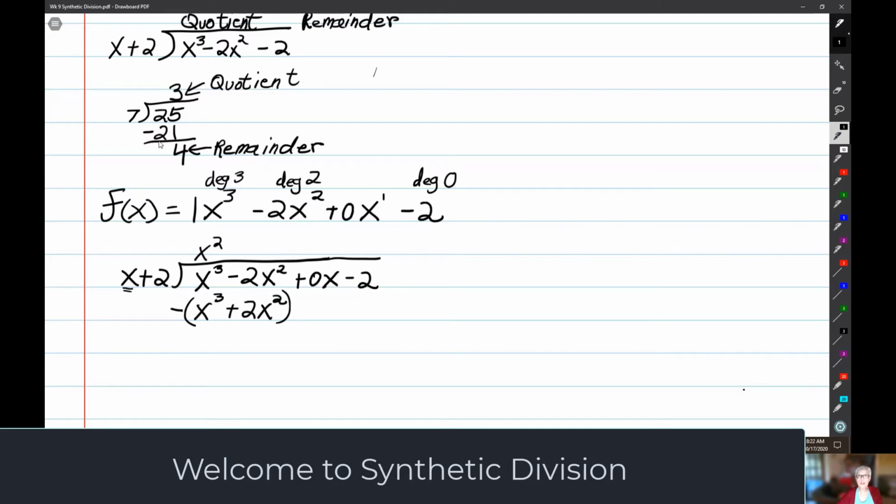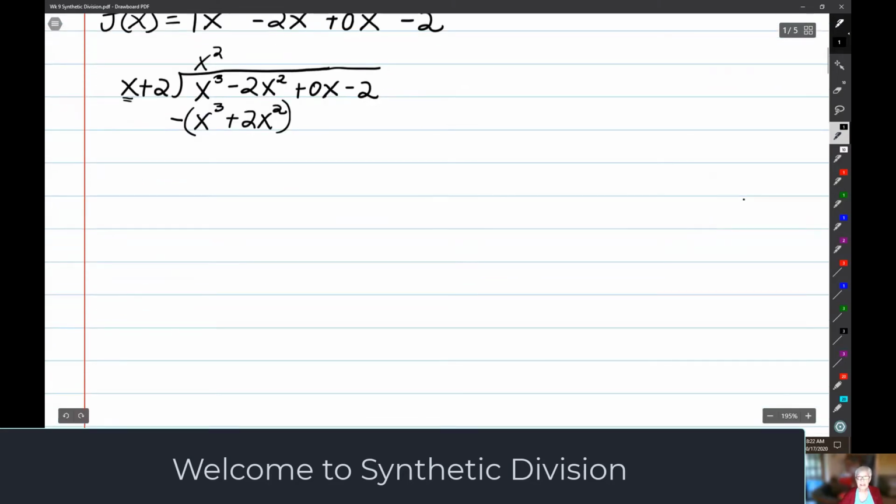So that's what I'm going to do here. If I subtract x to the third plus 2x squared, then I'm going to distribute the minus sign, and that will give me negative x to the third minus 2x squared. So that's what I'll get here.